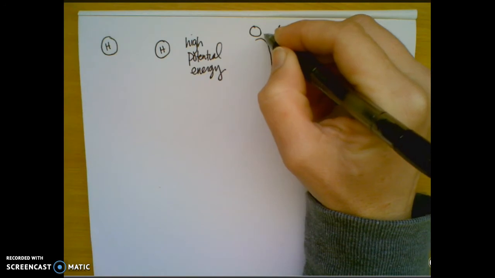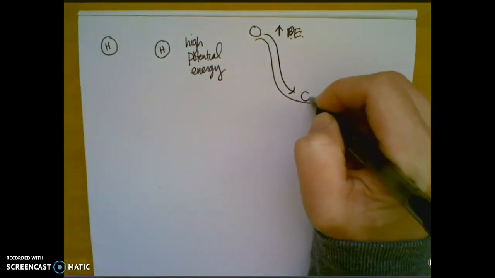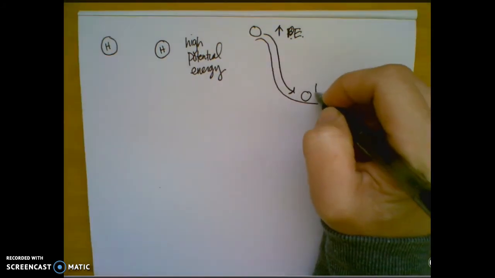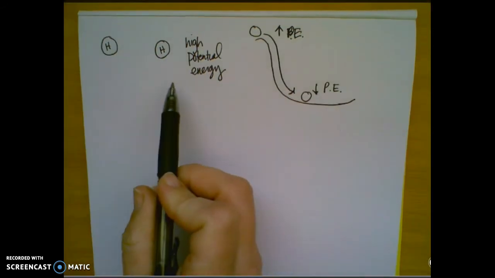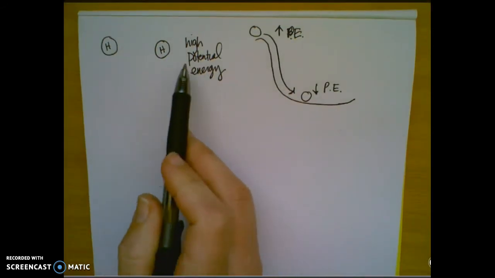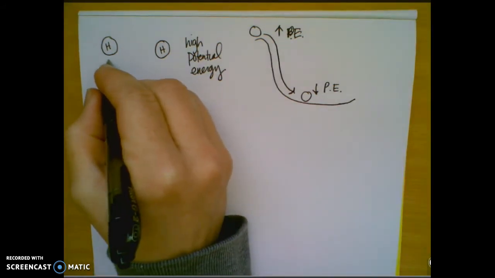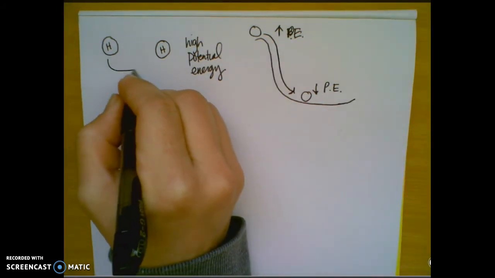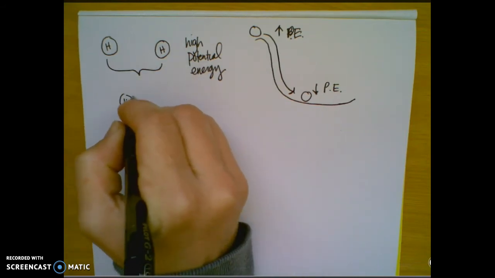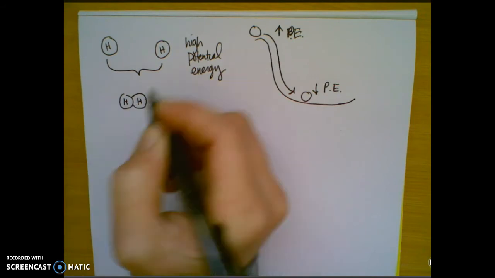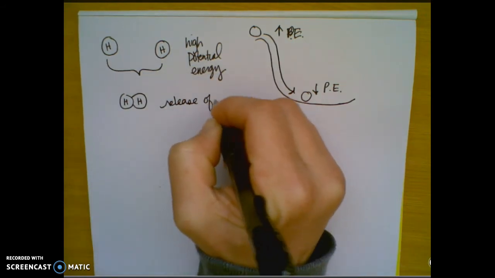When this ball is pushed, it will roll down this hill and settle down here at the bottom, resulting in a lower potential energy. It is the same thing that occurs when two atoms make a bond with one another. So when they come together, they are going to bond with one another, and that's going to cause a release of energy.